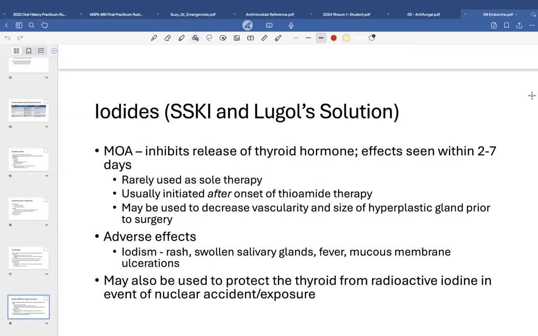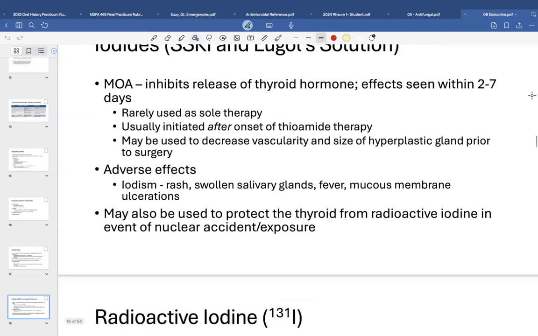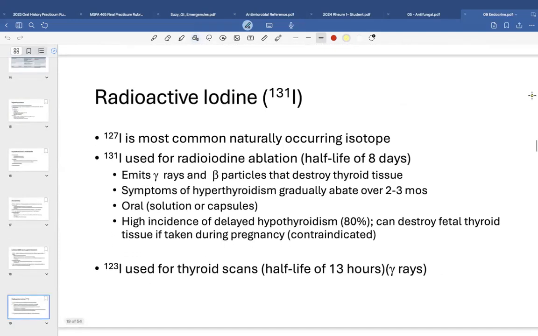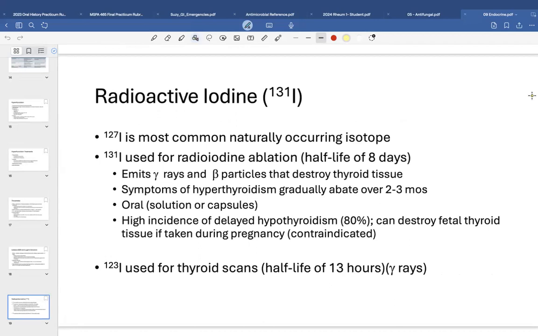But there is a role for radioactive iodine, at least in a controlled clinical manner, for hyperthyroidism. The one we use therapeutically is I-131, which is different from the naturally occurring isotope I-127.